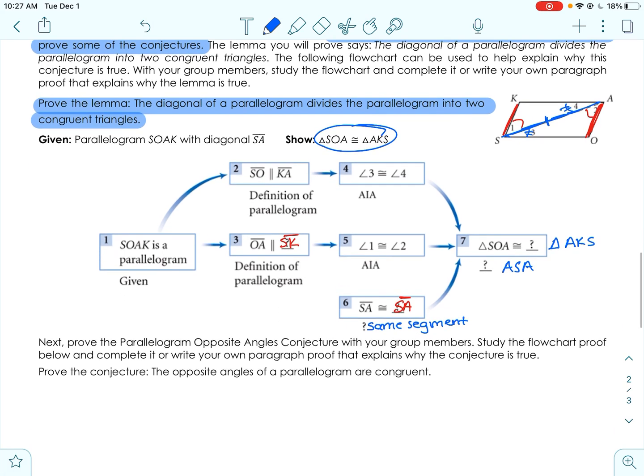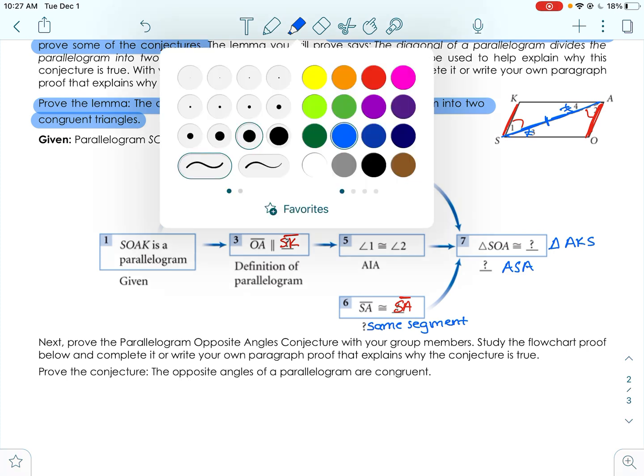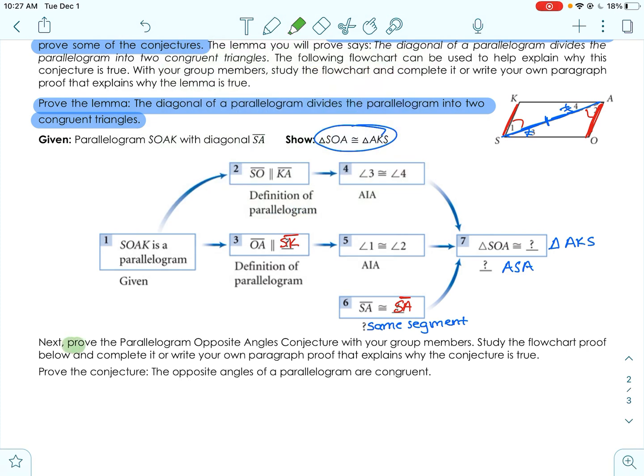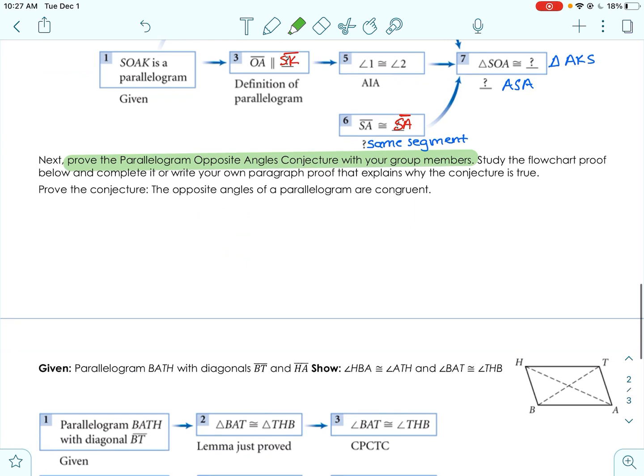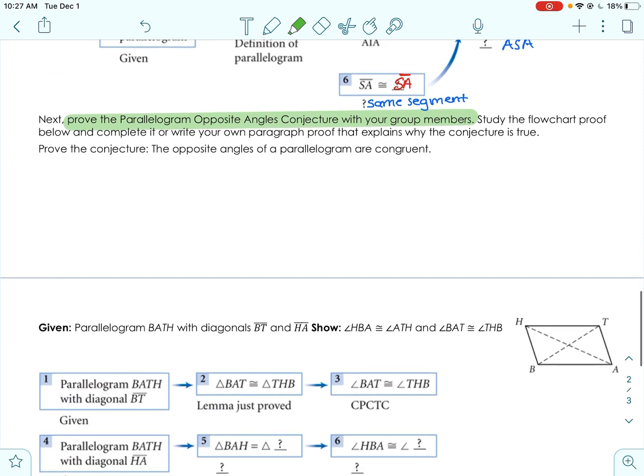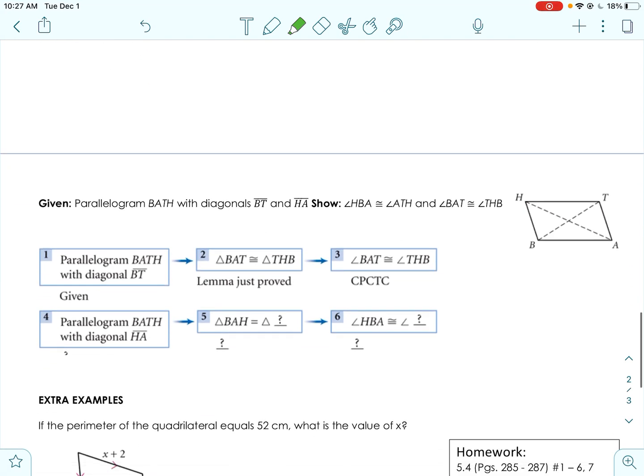So we're going to use that lemma to prove the parallelogram opposite angle conjecture. And then the other ones will be done later. So again, we want to prove the opposite angles of a parallelogram are congruent. We have a flowchart proof.